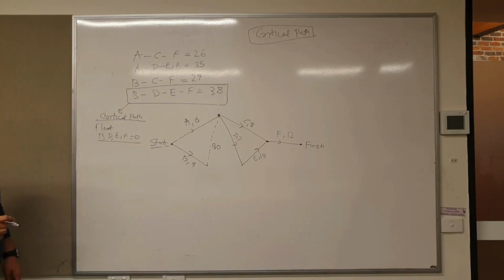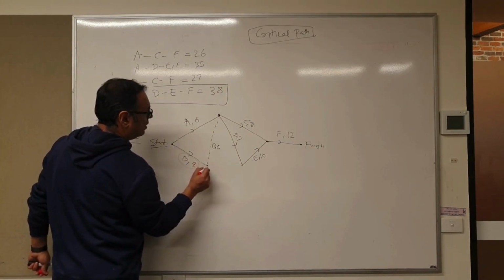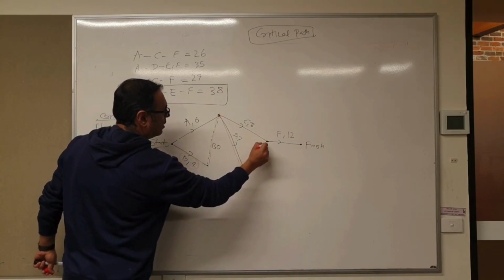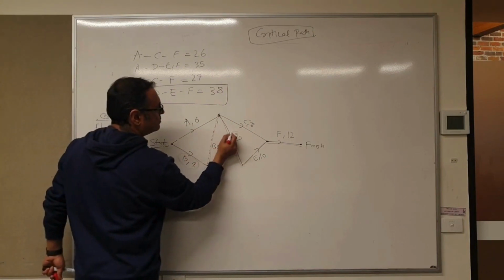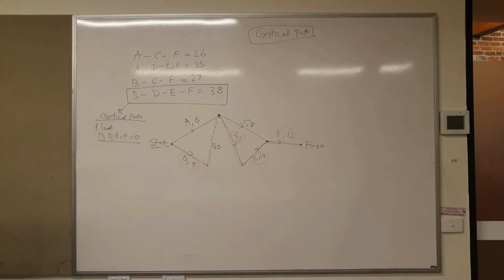Now, if I take a different color, that's your critical path. Right?